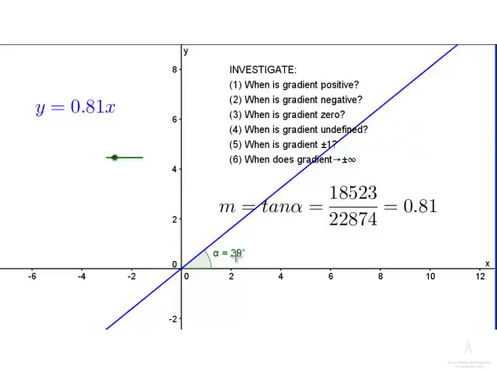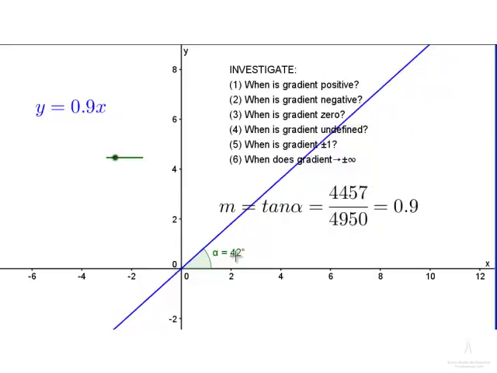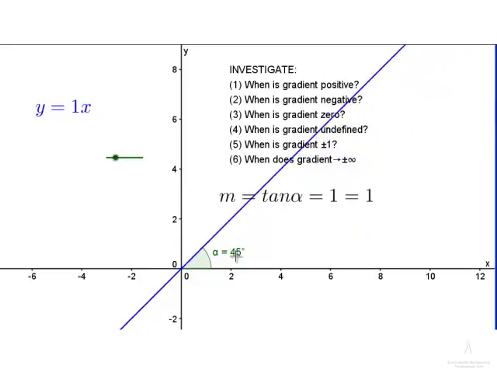Let's just go to a particular situation which you should be familiar with, and this is when the angle is 45 degrees. Now tan of 45 degrees we should know by now is 1. So that answers one of the questions. When is the gradient 1?